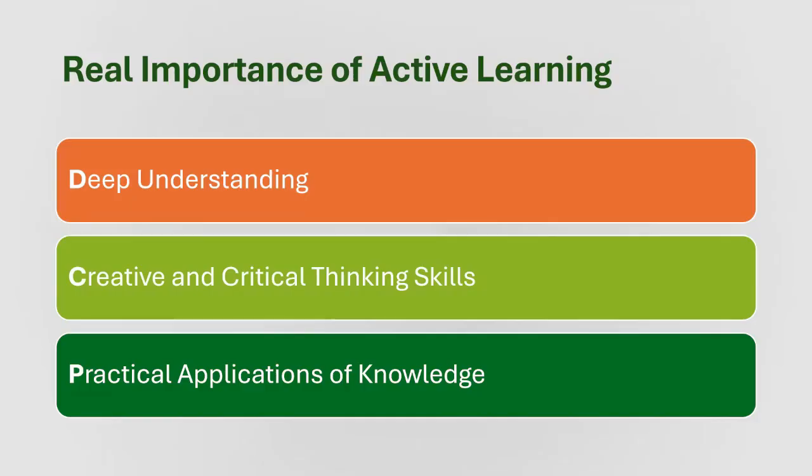We can analyze, we can interpret, and we can present the things according to our own way. Then practical application of knowledge. Practical application of knowledge means children have studied, but they have to use their knowledge in the real life situations. Then this strengthens learning component.